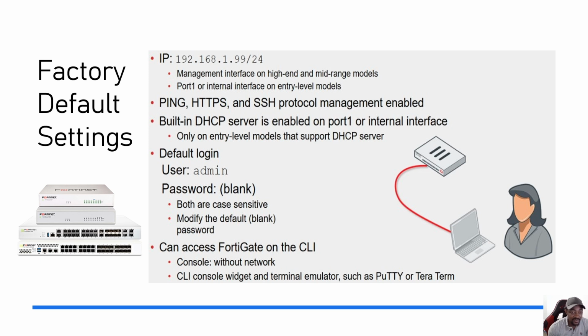So you have a DHCP server on port one for the network 192.168.1.0/24 with the default gateway of 1.99, which is the IP address of port one. If you connect it directly to your workstation through a network cable, you can go on the web browser and enter 192.168.1.99 and hit enter. Then you will see the login page for your firewall. So that is it for real world devices.